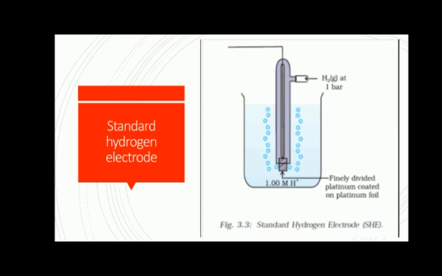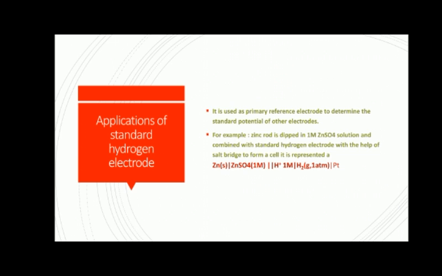This is SHE, or standard hydrogen electrode. Now, applications of the standard hydrogen electrode. It is used as a primary reference electrode to determine the standard potential of other electrodes.